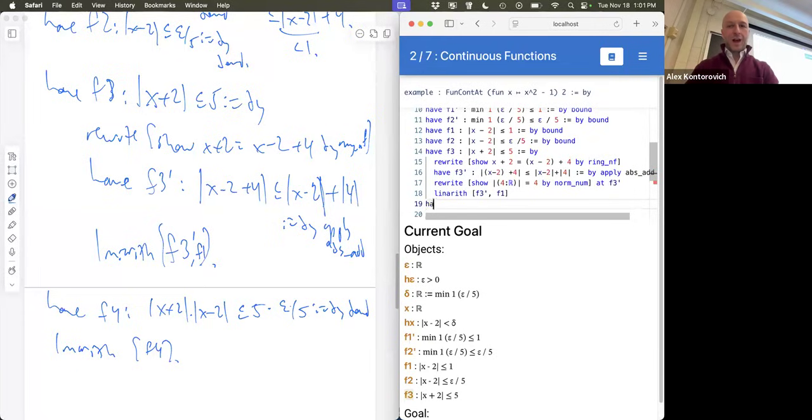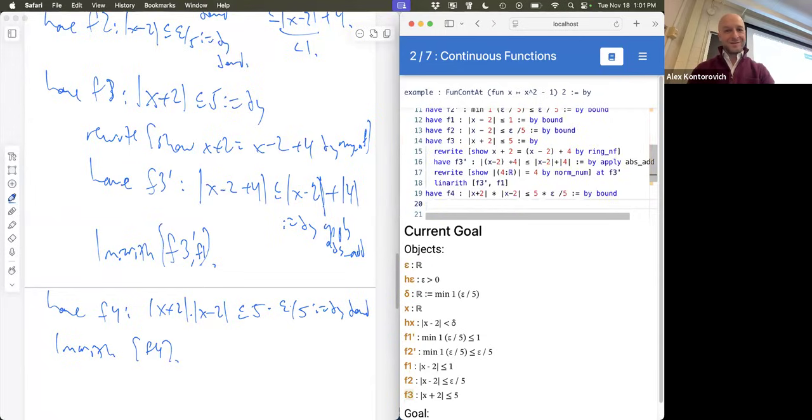And finally, we're done. Have F4 is that the absolute value of x plus 2 times the absolute value of x minus 2 is less than or equal to 5 times epsilon over 5 by bound, please. It did it. Sometimes it makes me, no, it didn't do it. It pretended to do it when I wasn't looking. All right, let's do it one step at a time. X minus 2.